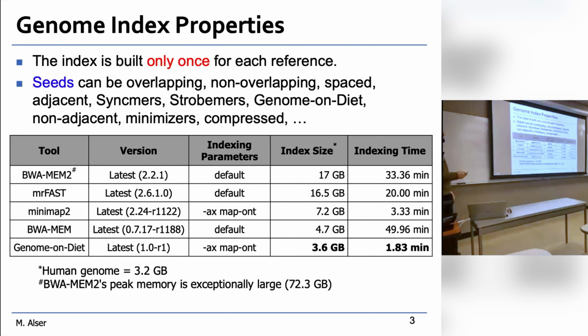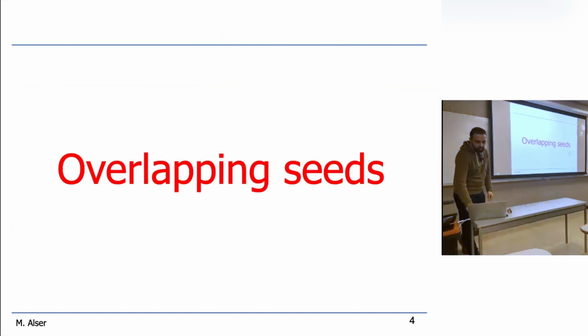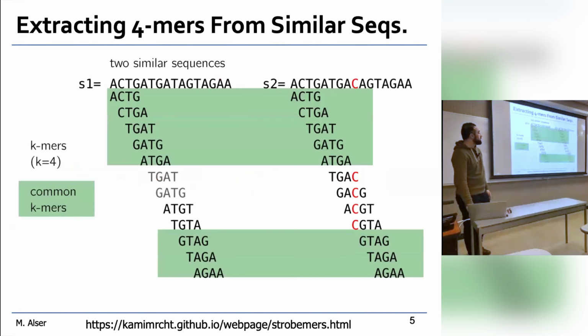We agreed last time that we have multiple options, and it's up to us which one to choose: overlapping, non-overlapping, spaced, and so on. We will pick a few of the very important ones and go over them in detail over the next lectures. Last time we discussed the overlapping seeds.